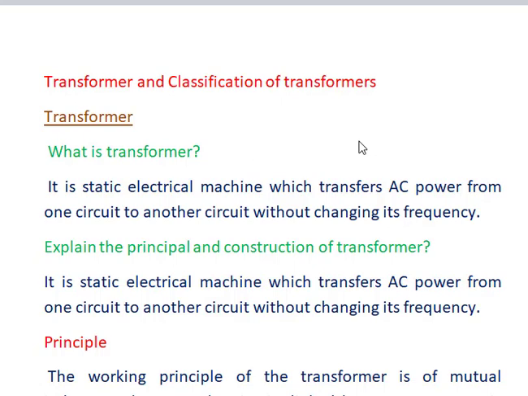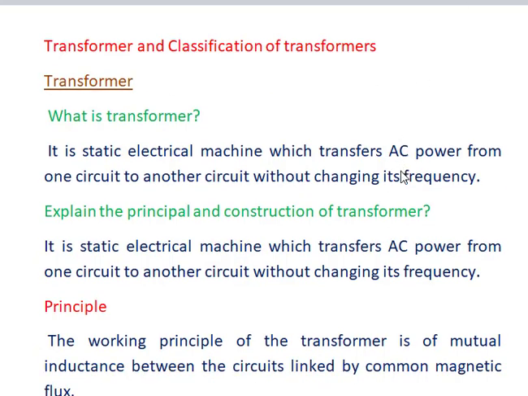So in this answer it is given that it transfers the AC power from one circuit to another circuit without changing its frequency. So it changes only the amplitude of the AC wave. The frequency of the AC power is kept constant.